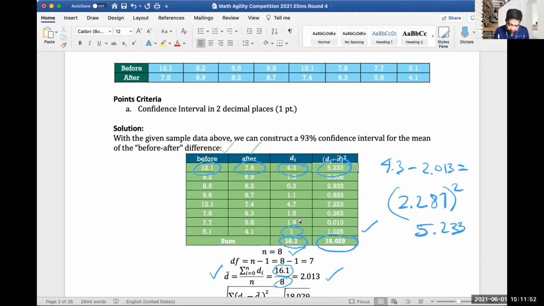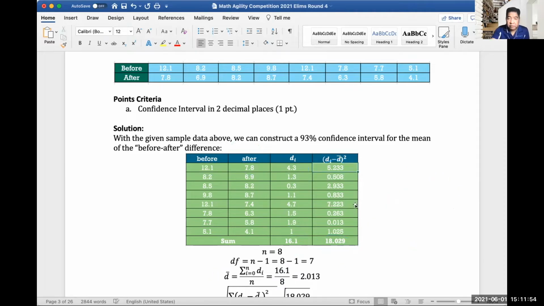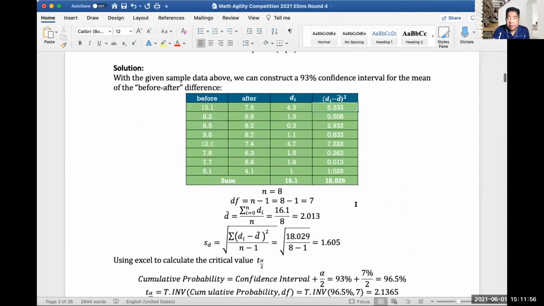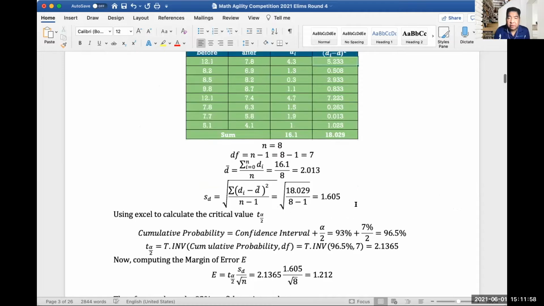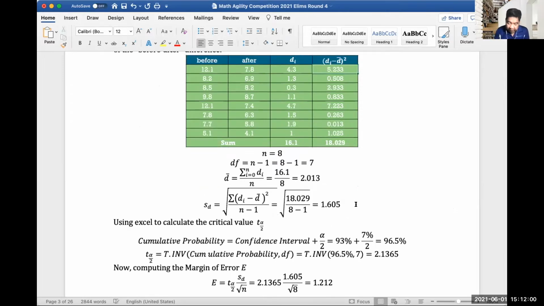So let's clear this and move to the next line. Since we already know the sum, the formula for standard deviation is the square root of the summation of di minus d bar squared over n minus 1.